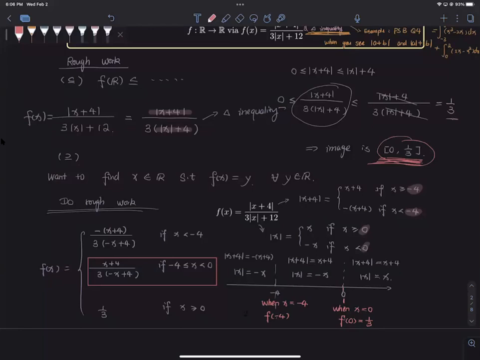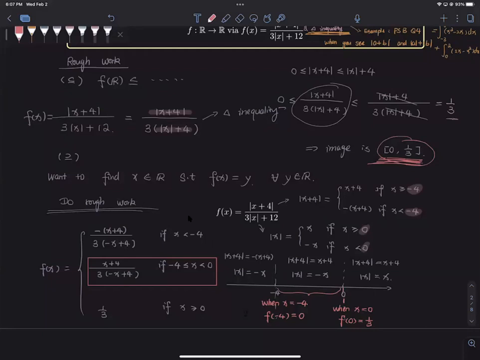It's 0, isn't it? Do you see? It's 0. So when x is in between this part, this is where we want. Do you see why now? So this piece will give us our x. Okay, so this is y.